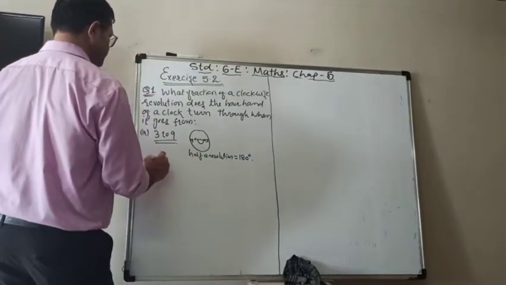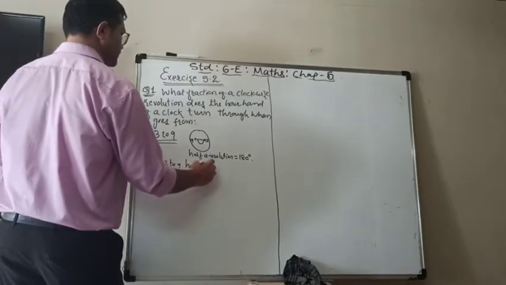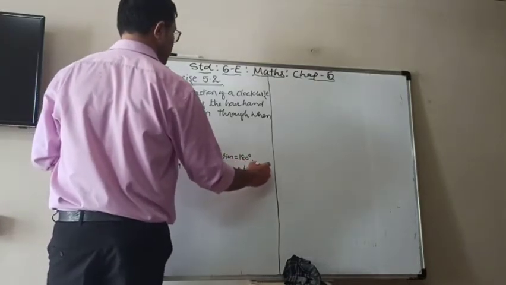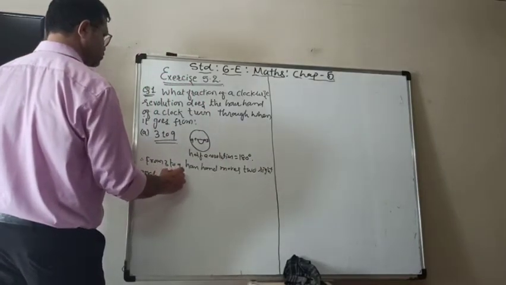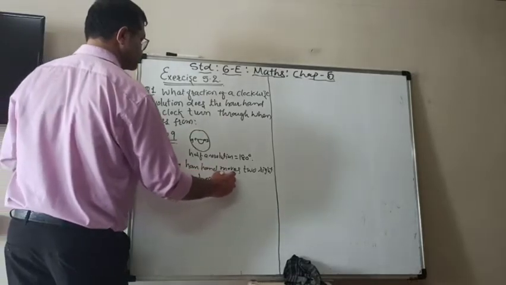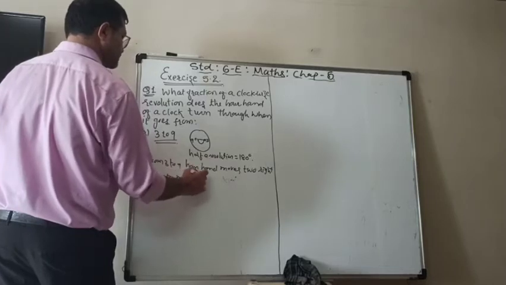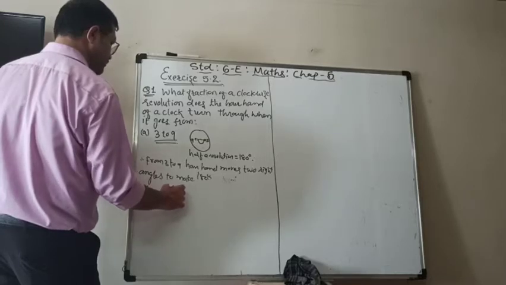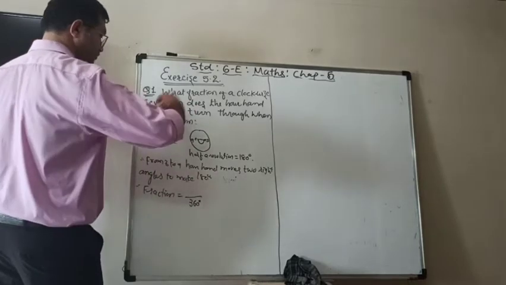Therefore, from 3 to 9, our hand moves 2 right angles to make half of a revolution, to make 180 degrees. Therefore, the fraction: we know that the total is 360 degrees for a complete revolution.